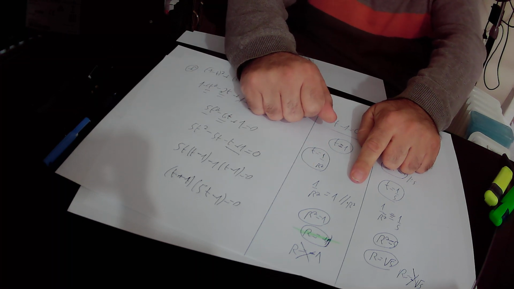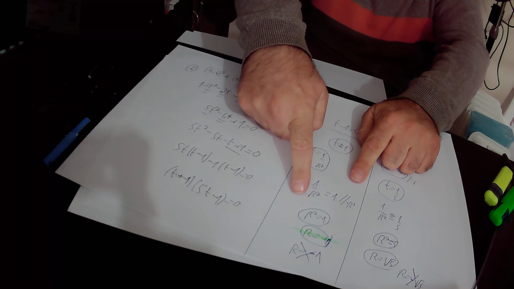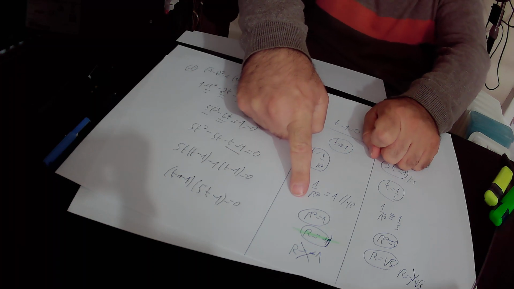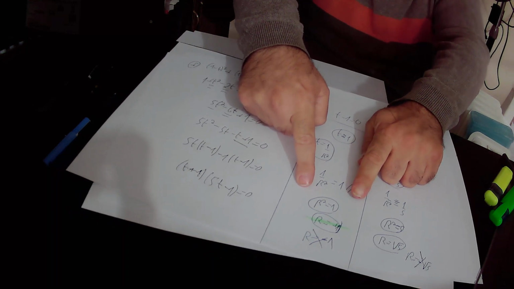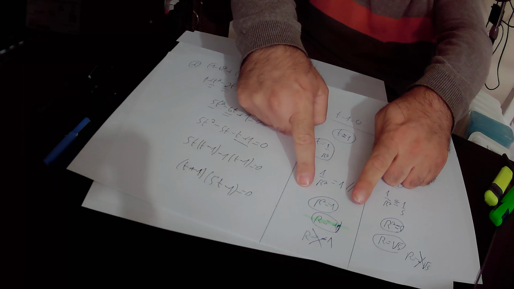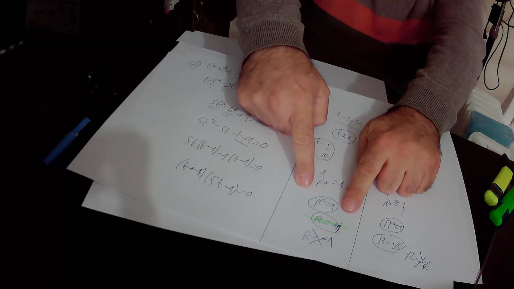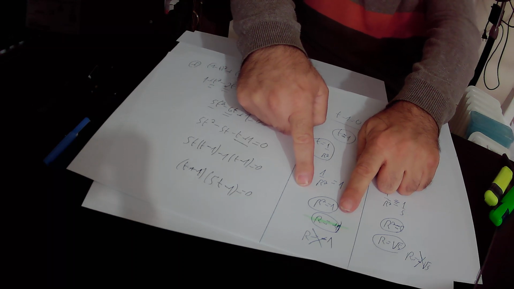Then we took the root of this equation: the square root of r squared is r, which equals the square root of 1, that is 1 or minus 1. Minus 1 is not possible because r is a length, so we are left only with r equals 1.